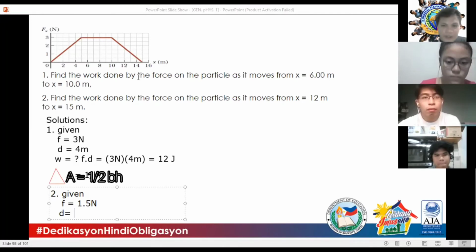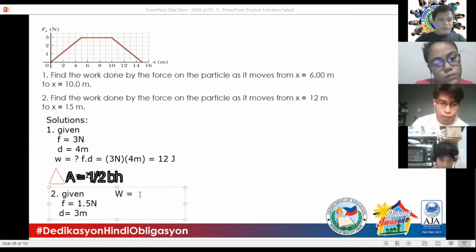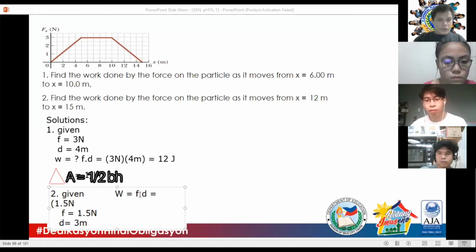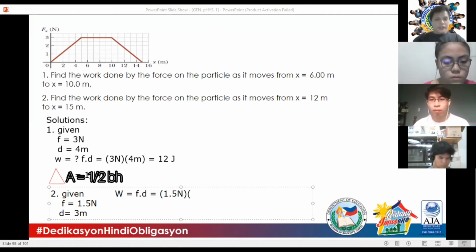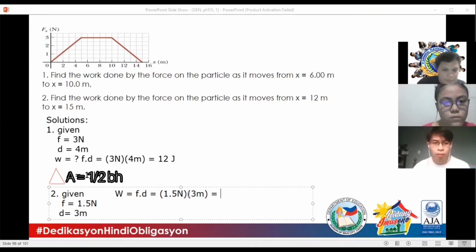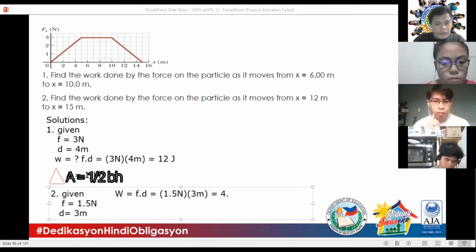3 meters. Using the formula of work done, force times displacement, we will get a quantity of 1.5 newtons times the quantity of 3 meters, and then that is equal to, Kelly? 4.5 joules po. 4.5 joules.